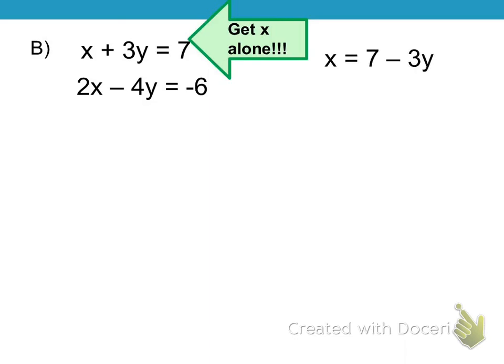I'm going to do that by subtracting 3y. All right, so now I'm going to plug 7 minus 3y into the other equation for the x.